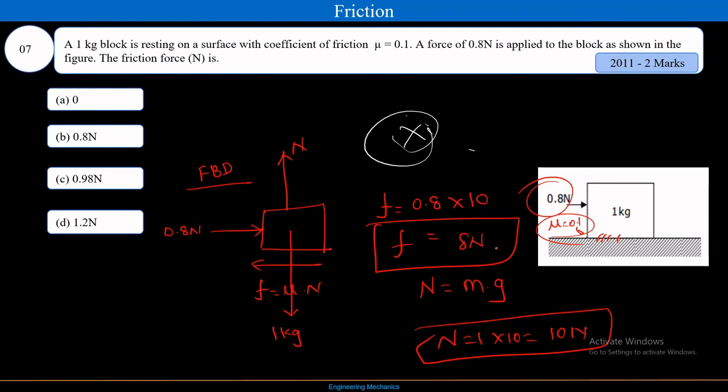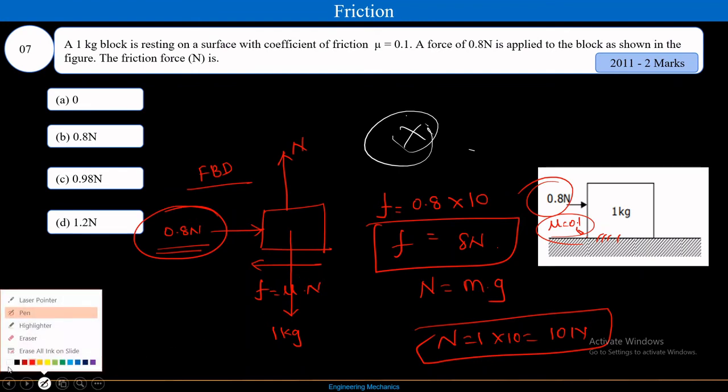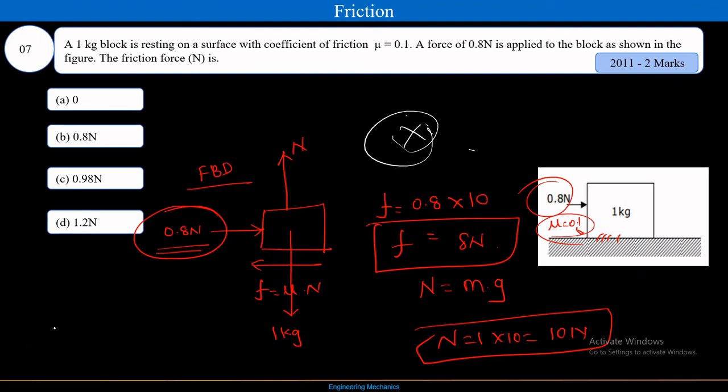And what is the force applied here? 0.8 Newton only. So the concept here is, the force applied by me is only 0.8, but the force due to friction is 8 Newton.